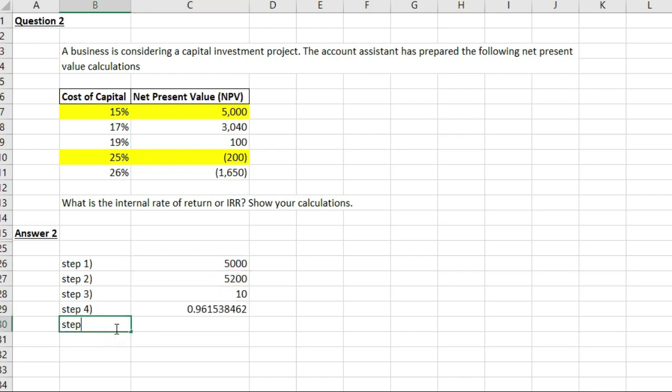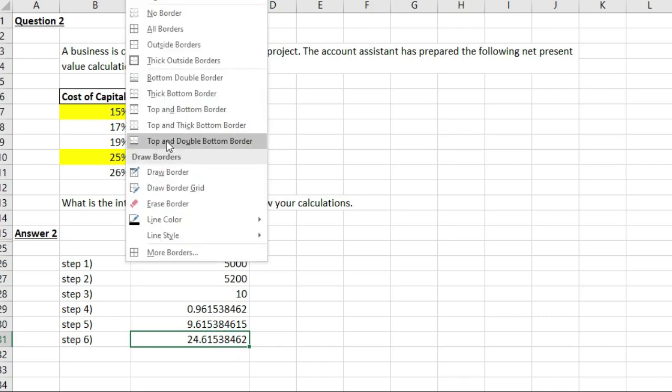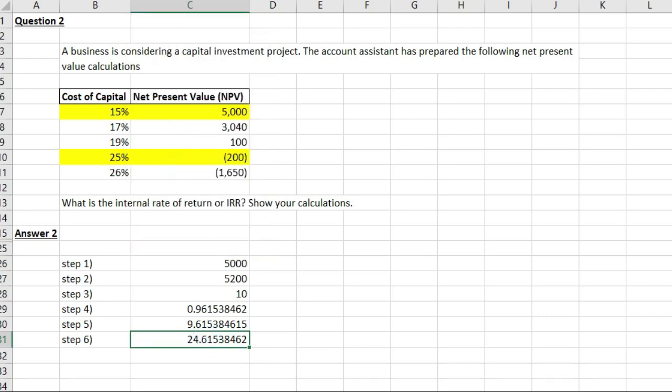And then step 5, I'm going to take this figure I've just worked out and times that by this 10, and that gives me 9.615384615. And then step 6, I'm going to take my 15, my lower cost of capital percentage, and add it on to this 9 that we've got, and you can see here that the internal rate of return is 24.62%.